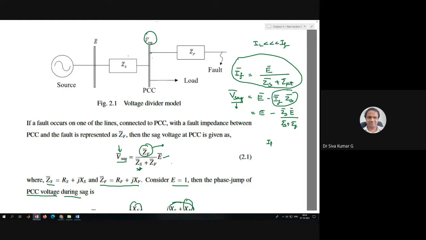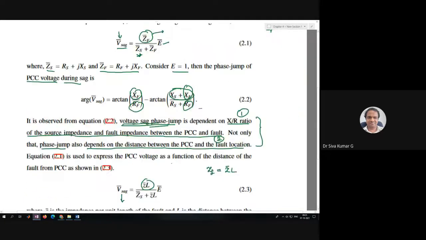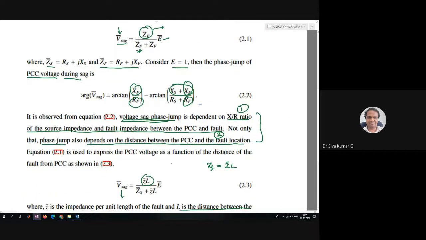Apart from the magnitude reduction, there is a phase jump. The phase jump occurs due to the X by R ratio of the source impedance and the fault impedance between the PCC and the fault, and the distance between the PCC and the fault location also. The magnitude is very well dependent on the fault location from the PCC.